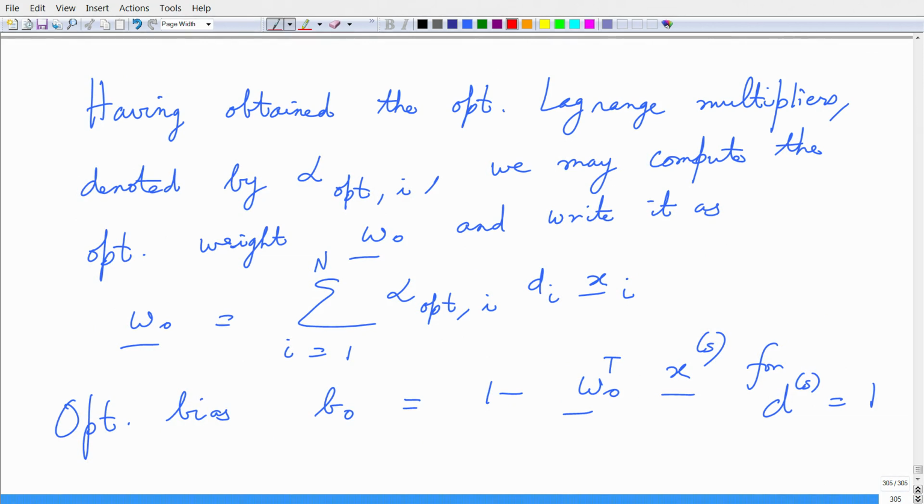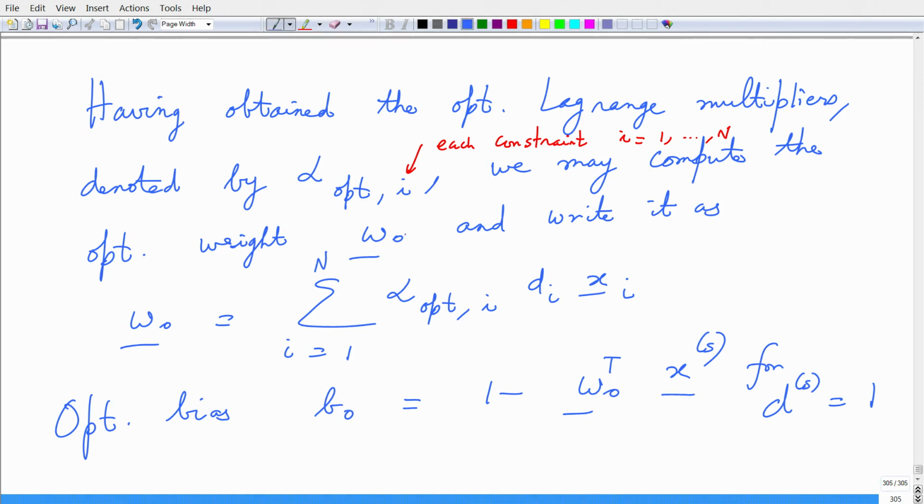So, once you obtain the optimum Lagrange multipliers, alpha optimum, for every constraint i, each constraint, then we will compute the optimum weight vector.